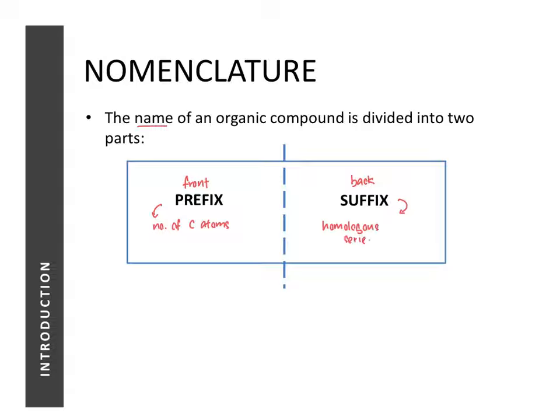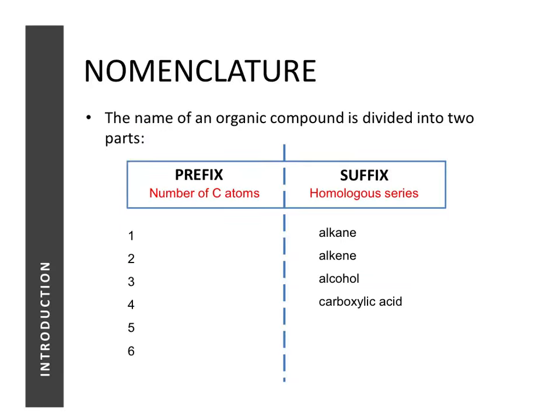After knowing the family, we can also determine the functional group or the feature that's present in the compound. As mentioned, the prefix tells you the number of carbon atoms. In our syllabus, we're going to learn by right only up to 4, but I'm going to tell you how to name from 1 to 6 in this lesson.